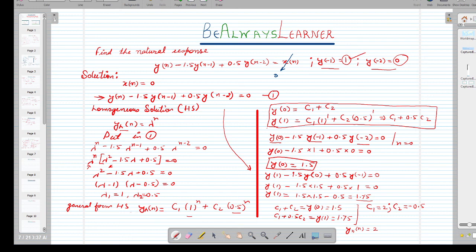So we have to use this equation here, yn(n) is equal to C1, which is 2, into 1 raised to the power n plus C2, which is minus 0.5, multiplied by 0.5 raised to the power n. इसको सॉल्व करेंगे तो हमारे पास आएगा 2 u(n) for causal systems plus minus 0.5 into 0.5 raised to the power n u(n). So that is the solution we are having.